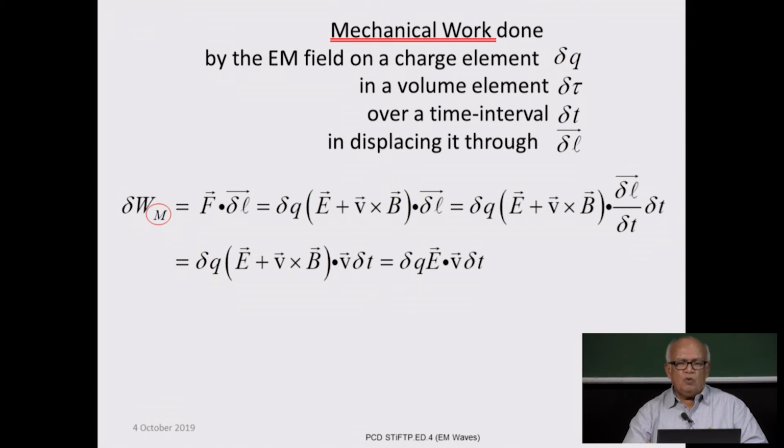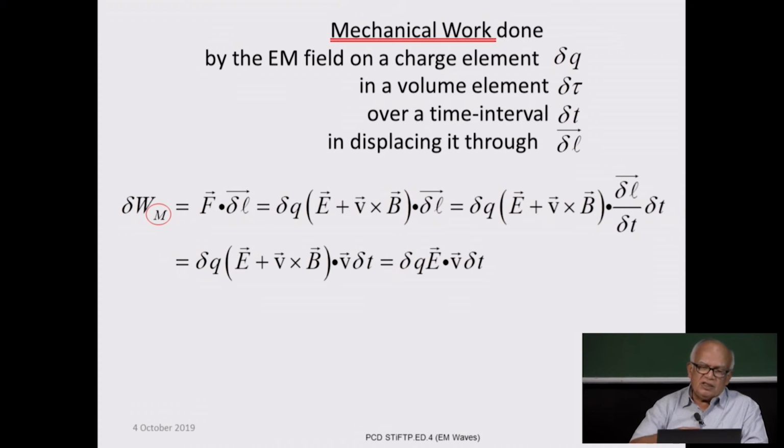So it is delta q into E plus V cross B, and then dotted with the displacement, which will give the work done, right? This is the total mechanical work done, okay? So we were thinking of mechanics and electromagnetic phenomena as completely different things, but now you are actually determining the mechanical work done by electromagnetic energy.